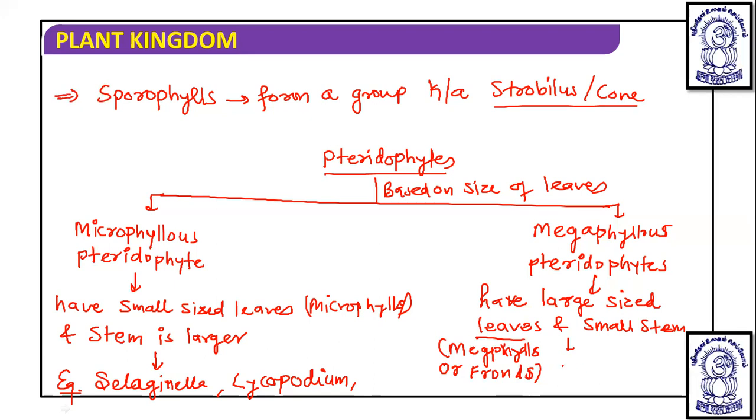Megaphylls or fronds. And the example of this is the fern plant. And of ferns, one of the known examples that you need to remember is Dryopteris.